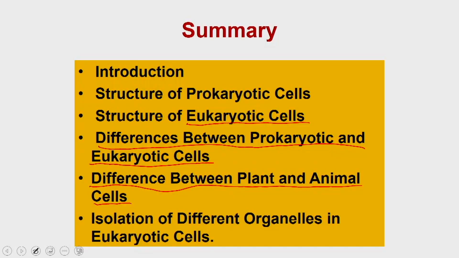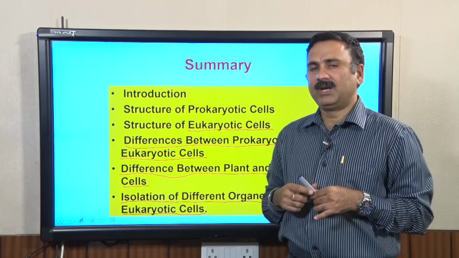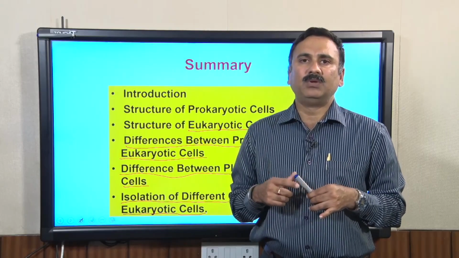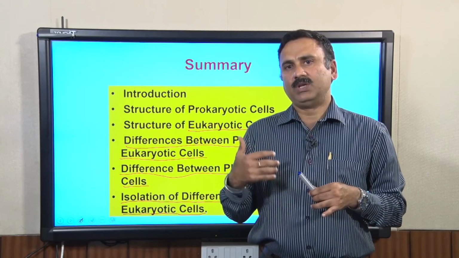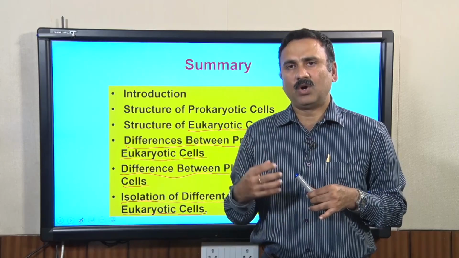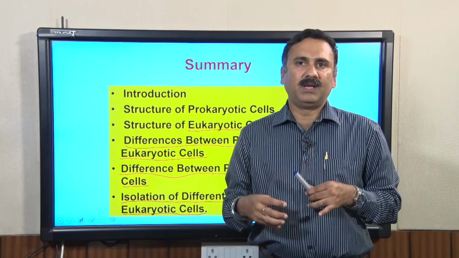At the end, we discussed how you can isolate the different organelles in a eukaryotic cell. We also discussed the isolation of the periplasmic fraction as well as the cytosol from the prokaryotic cell. In this lecture, we discussed the different techniques you can use to isolate the organelles present in a eukaryotic cell.